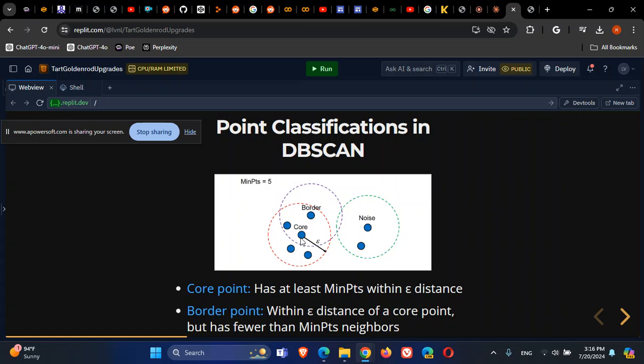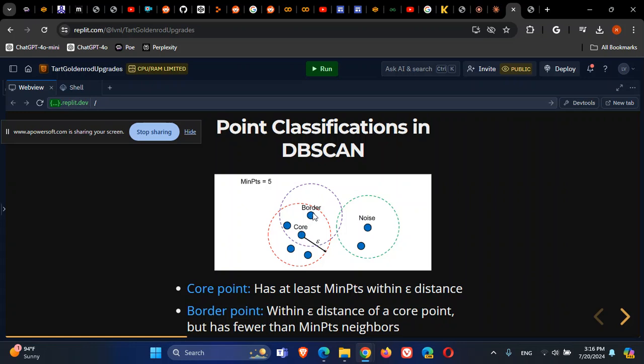Look at this point. I have 1, 2, 3 itself, 4, 5 points in that radius from the core point, and my min points is 5, therefore I will call that point a core point.